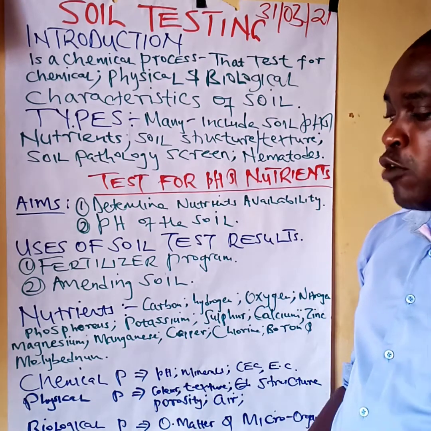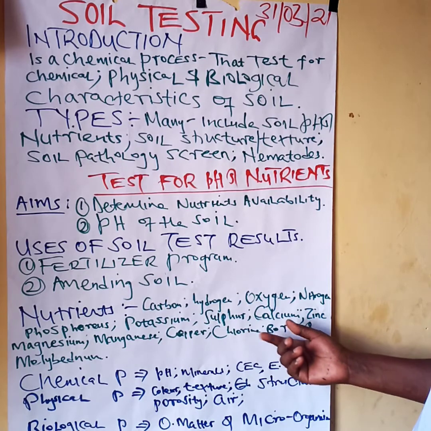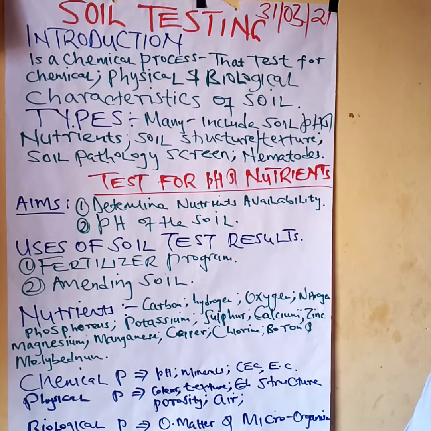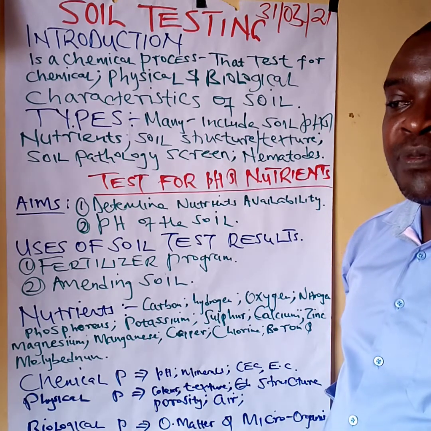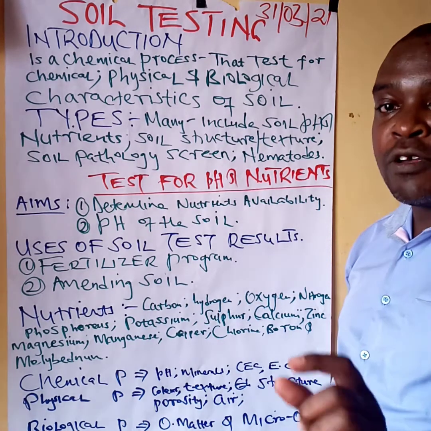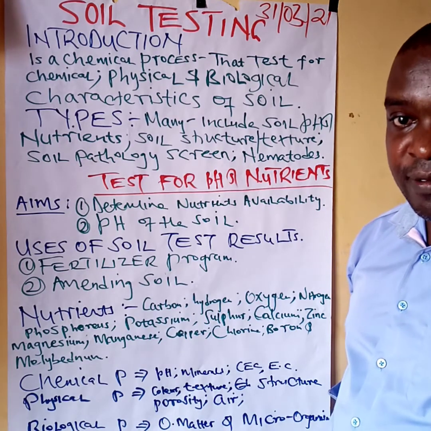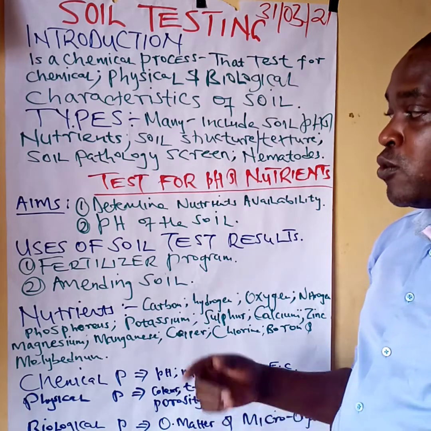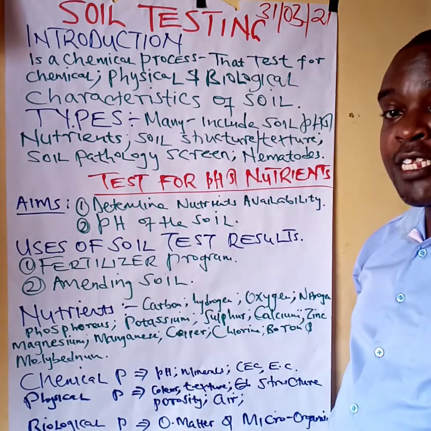Assume we have an excess of calcium. Depending on the crop I'm going to grow, I may avoid calcium or apply an amount that is not so much. That's how it helps you in making a fertilizer program.